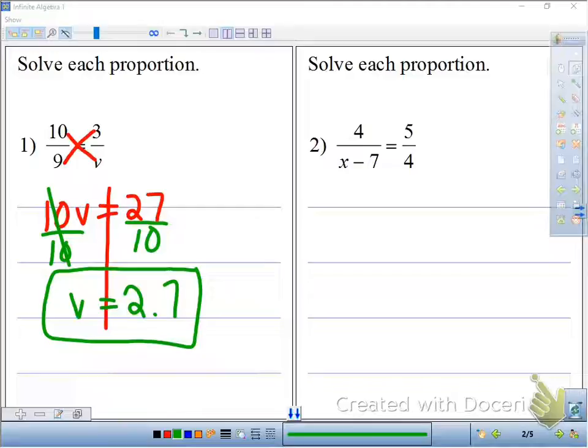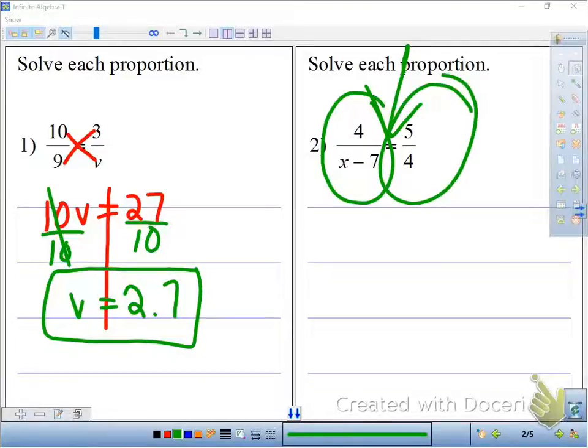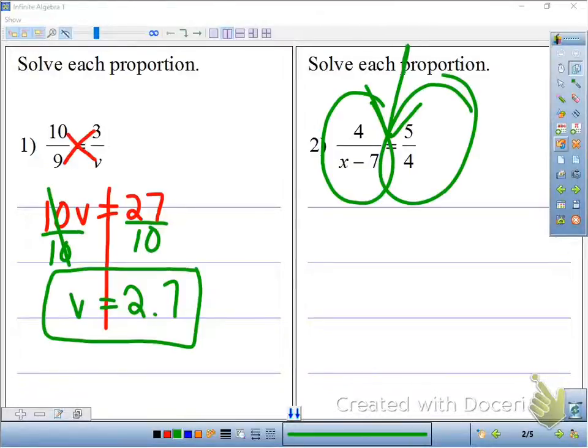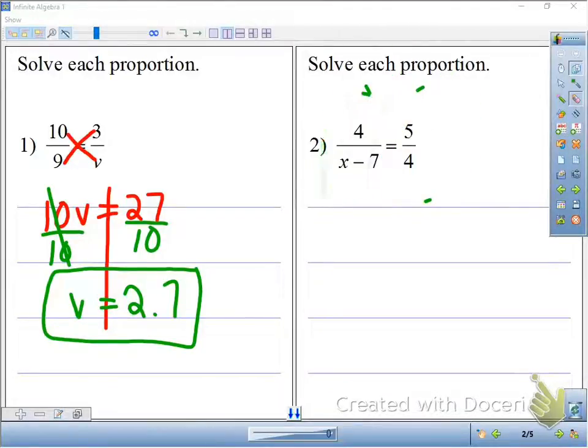Number two here. Again, we have a fraction equal to a fraction. If we've got a fraction equal to a fraction, that is a proportion. I'm going to cross multiply. So I'm going to take the 5 and multiply it to the x minus 7.